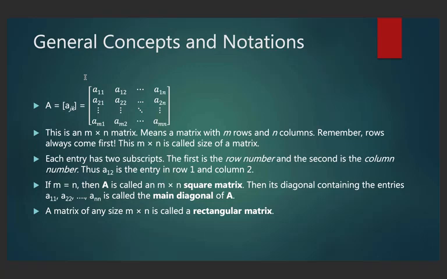This a12 is the entry in row 1 and column 2. If m equals n, then A is known as a square matrix, and its diagonal containing the entries a11, a22, up to ann is called the main diagonal of A. A matrix of any size m cross n where the number of rows and columns is not equal is known as a rectangular matrix.